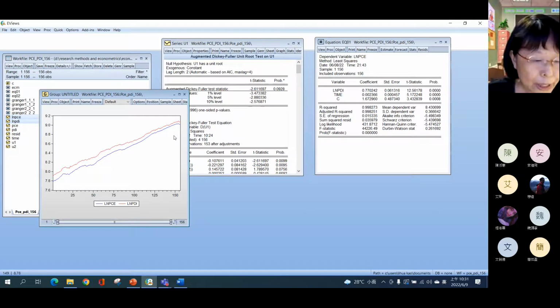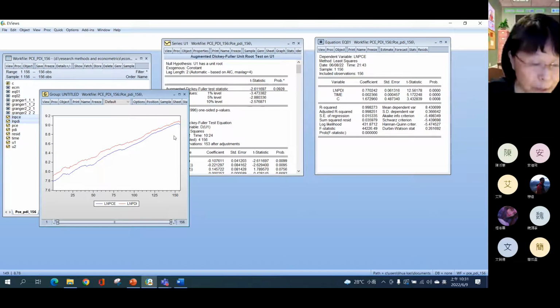However, co-integration deals with the relationship among a group of variables, here LMPCE and LMPDI together. So we do the regression, and then test the residuals for a unit root.